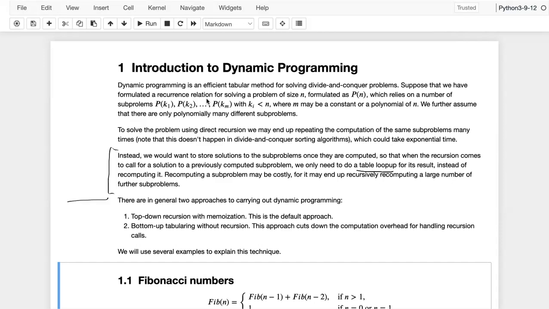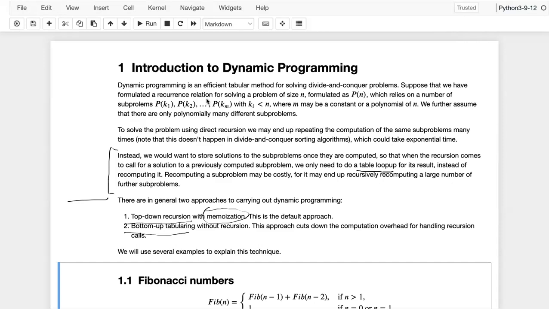So in general, there are two approaches to carrying out dynamic programming. One is top-down recursion, and then we need to memorize the results of computing the same subproblems, right? So we create a table to store the results to subproblems.